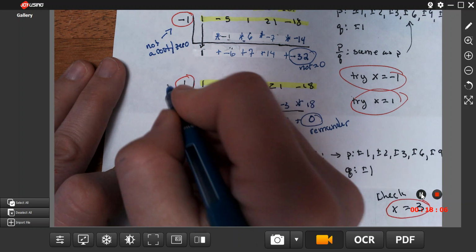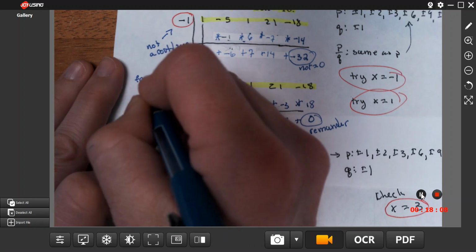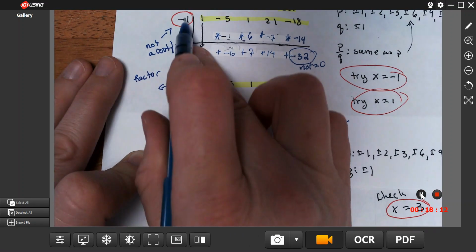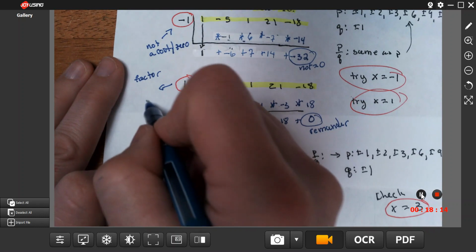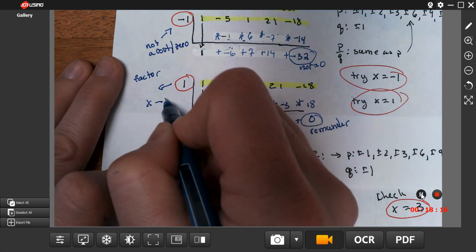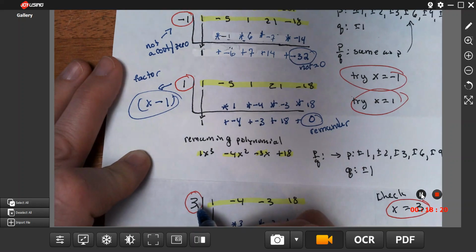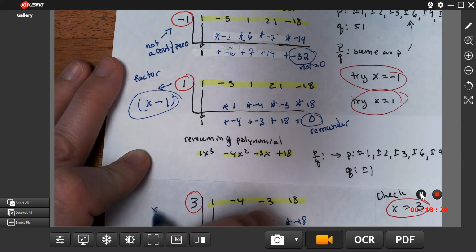So let's write the corresponding factor. The corresponding factor to 1, which worked, not -1, which didn't work, would be x minus the 0. So x minus 1, so that's a factor. And the corresponding factor to the 0 or root of 3 would be x minus that root, so x minus 3, so that's a factor.